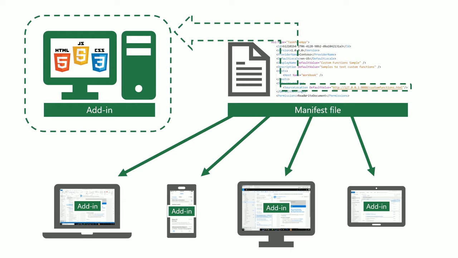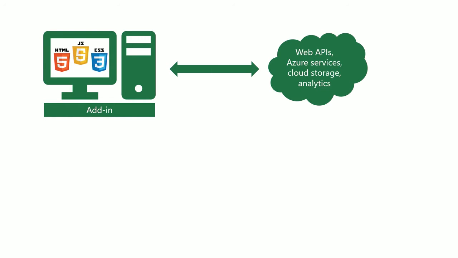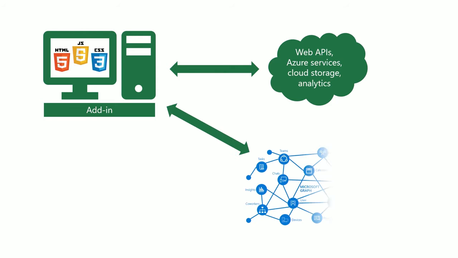Likewise, end users can now also find your add-ins through the Office store. Now, given that it's a web app at its core, it can make any web API calls. It can leverage the rich Azure services, cloud storage, analytics. It can harness the full power of the Microsoft Graph.